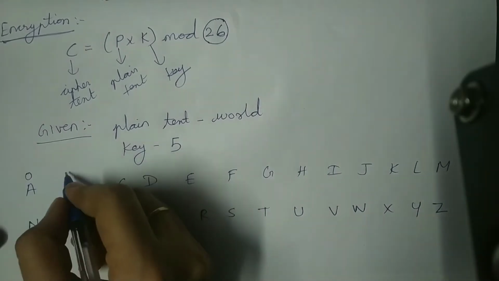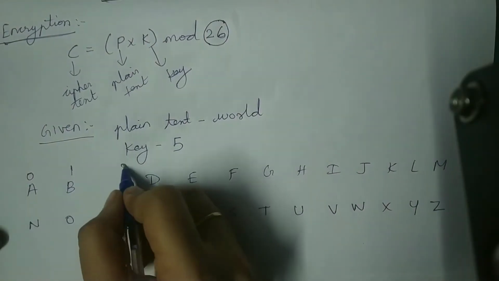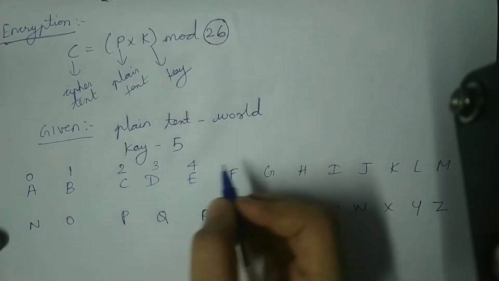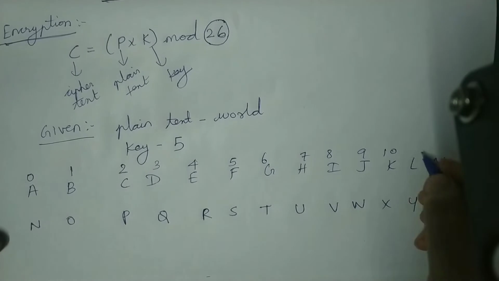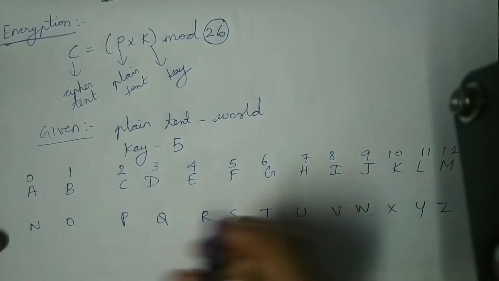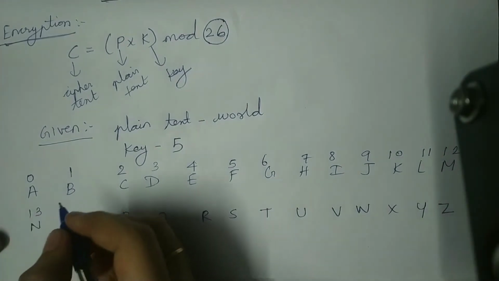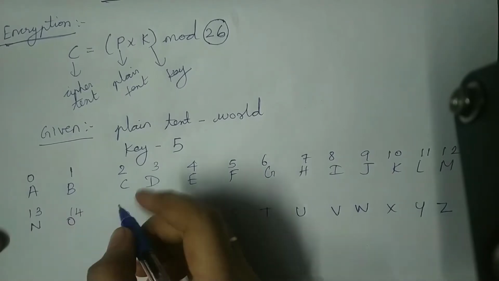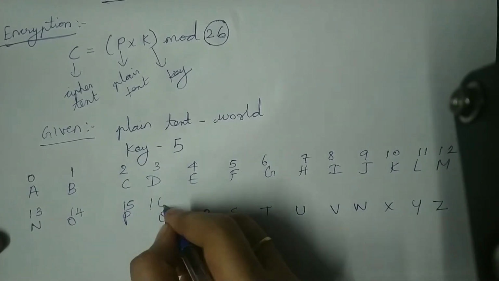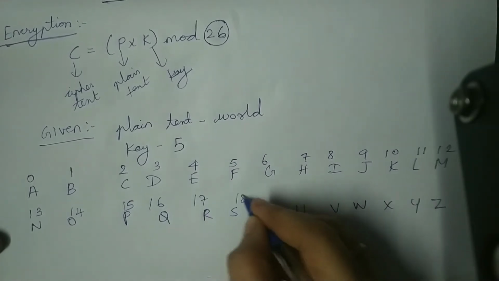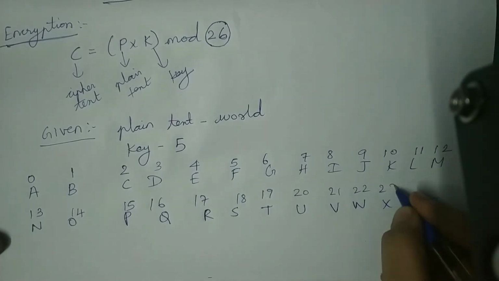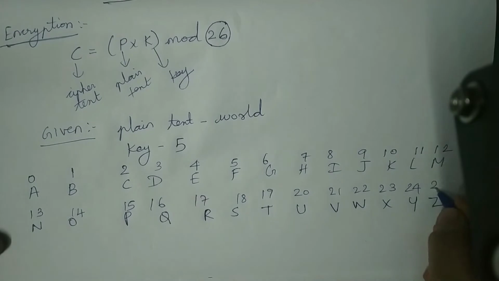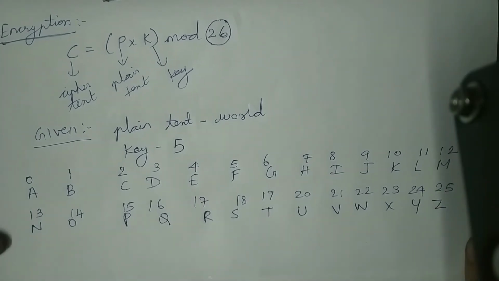So 0 for A, 1 for B, 2, 3, 4, 5, 6, 7, 8, 9, 10, 11, 12, 13, 14, 15, 16, 17, 18, 19, 20, 21, 22, 23, 24 and 25.